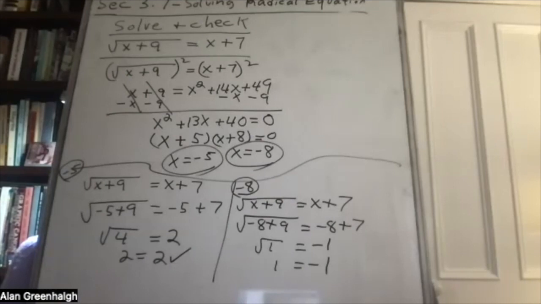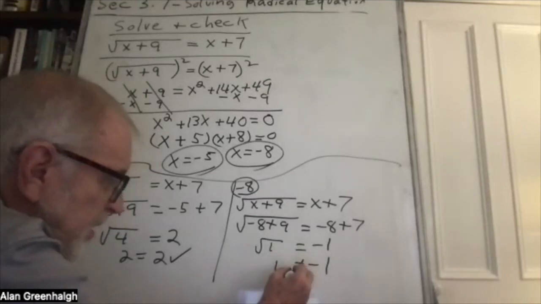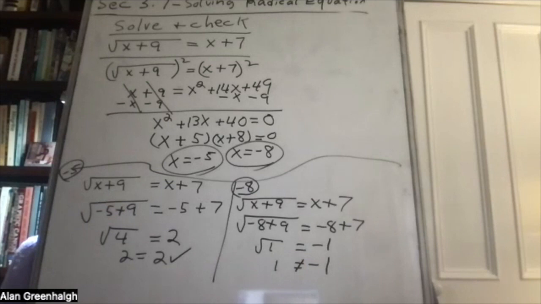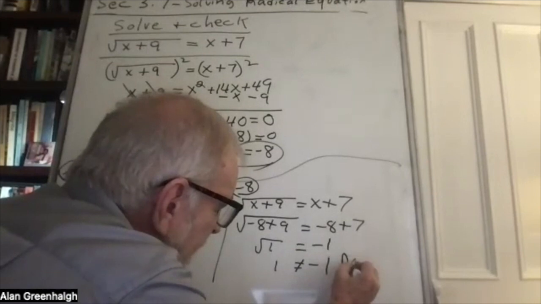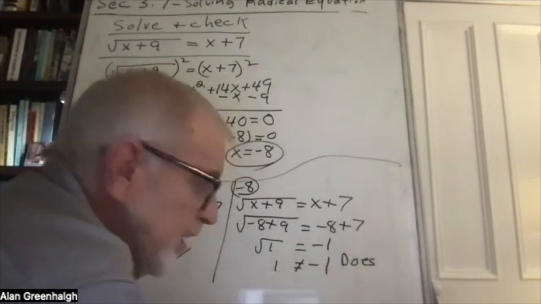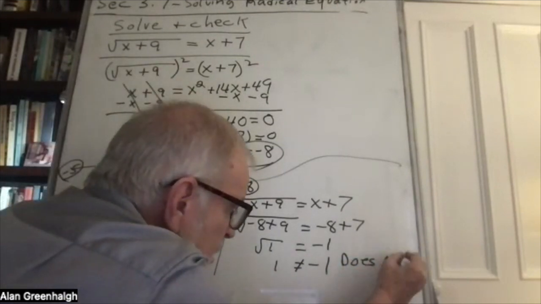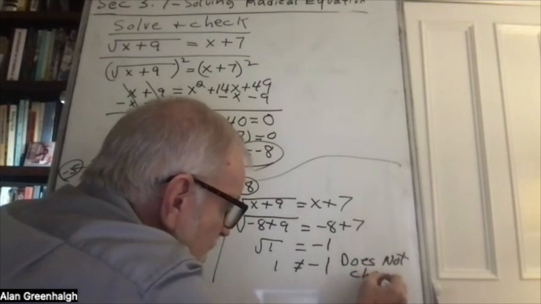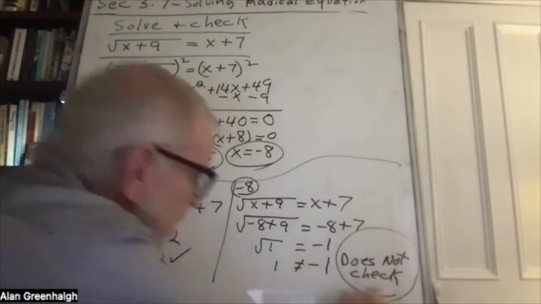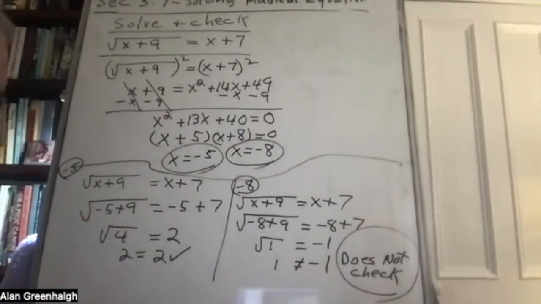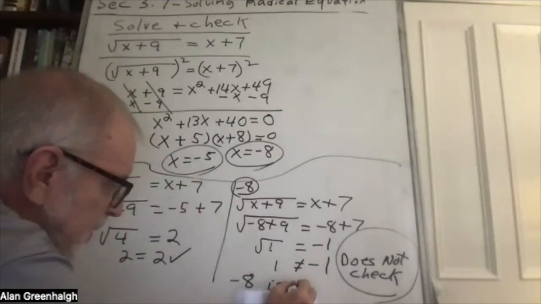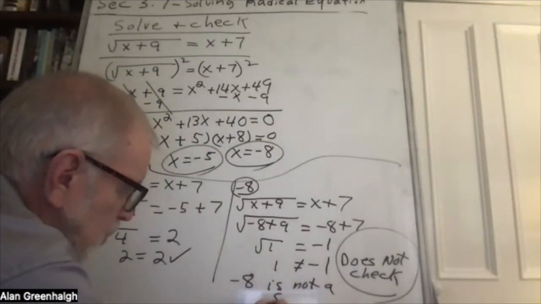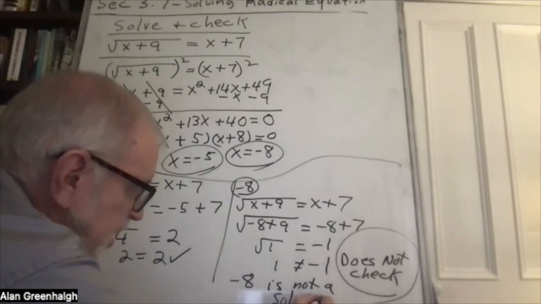See that? That's not an answer. We've checked it and it doesn't check. Well, I knew this beforehand, I'm just being a little dramatic. It does not check. When that happens in a problem, and I set this up purposely, then we say that -8 is not a solution to the equation.